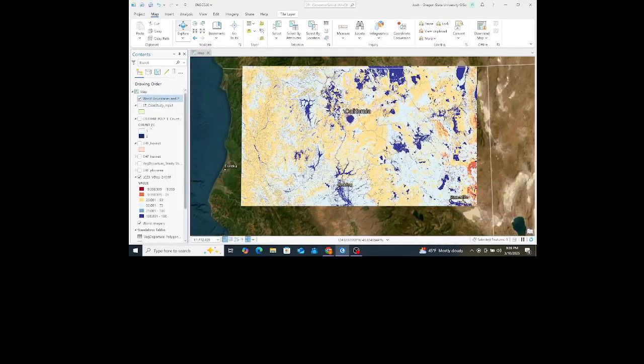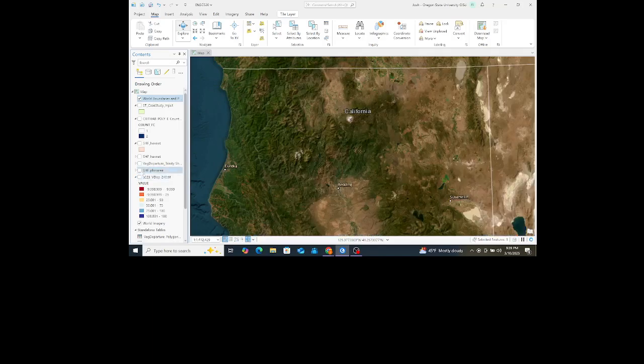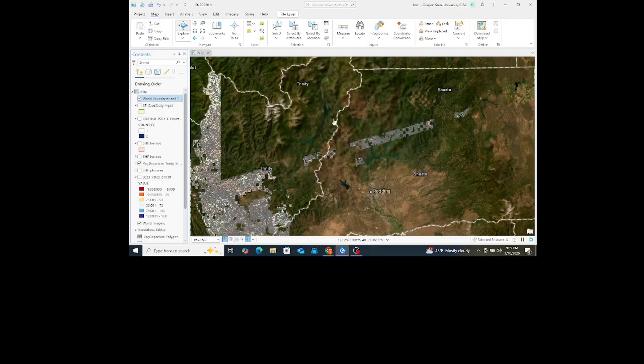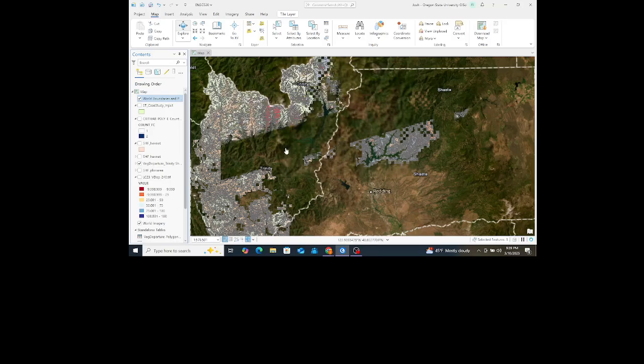And so we took this and clipped it down to just the national forest. It's taking a while because it's thousands of little polygons for the entirety of the national forest. But the important thing is you can see what some of these values mean.